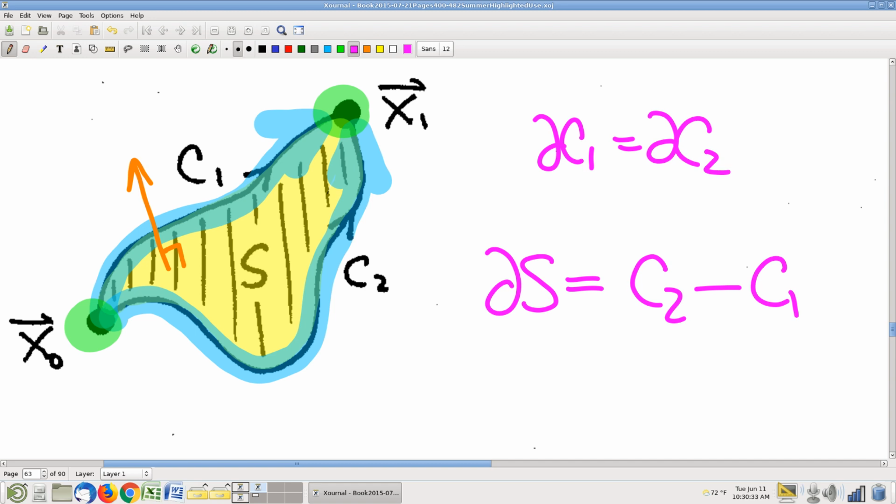And I'd feel really good right up until I noticed, now because C1 is going back that way, C1 and C2 don't start at the same point. They don't end at the same point. One of them starts where the other one ends, and the other one ends where the first one starts. Which means I would have a minus sign here.